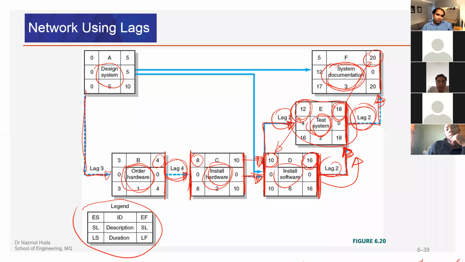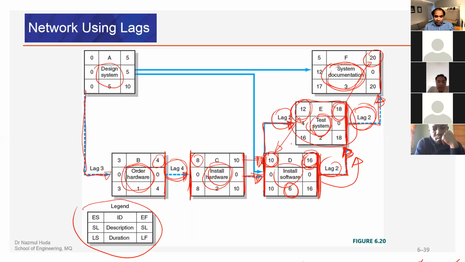That's a very good question. If you look at D and E, for D we have the duration of 6 days. So from early start, with a duration of 6 days, we have the early finish of 16 days, which makes sense, right?